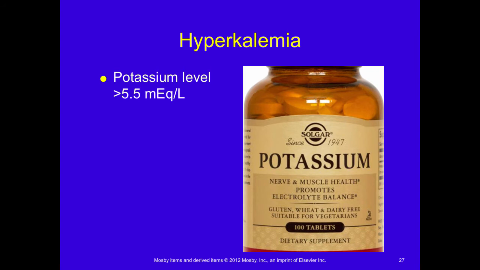So sometimes if there's a lot of trauma, a lot of cellular trauma, for example, massive burns, maybe a massive crushing injury where cells in large amounts have been destroyed. Think about what's primarily inside your cells, right? It's potassium.